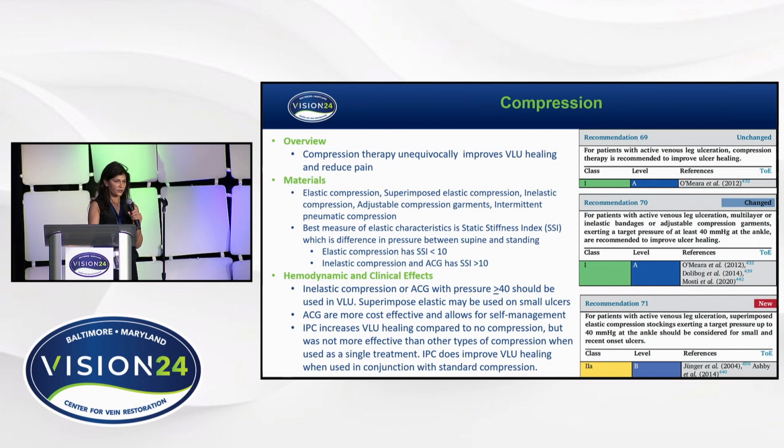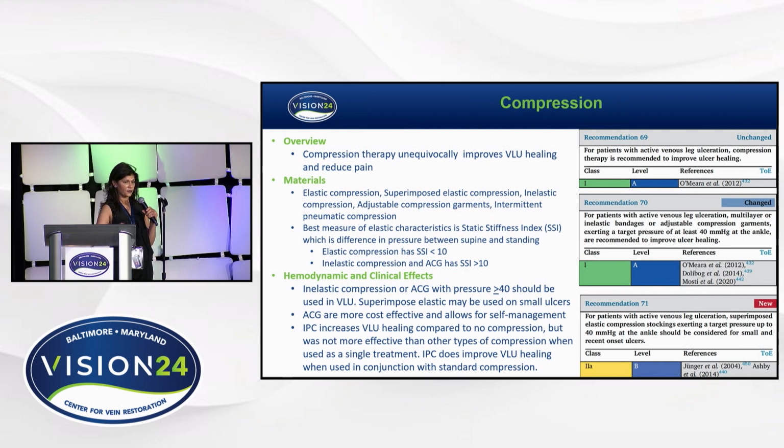Compression, no doubt, unchanged, it unequivocally improves venous leg ulcer healing. They differentiate between elastic, superimposed elastic, where the undergarment is a 20 millimeter compression with an overgarment of another 20 to 25, resulting in about a 40 millimeter pressure, and adjustable garments and intermittent pneumatic compression.